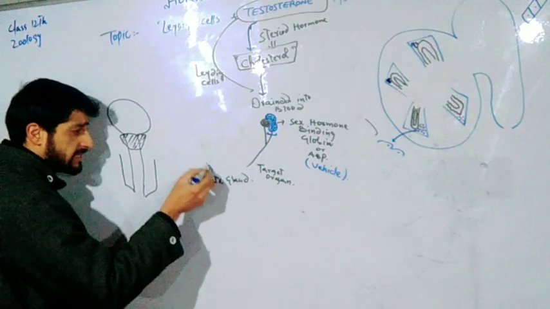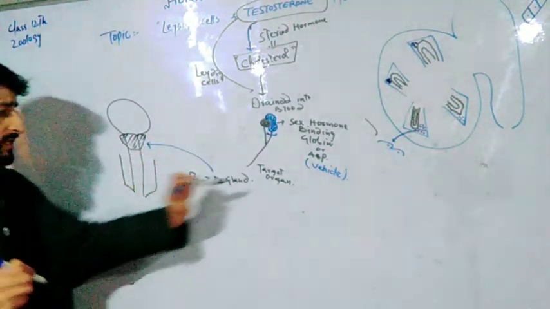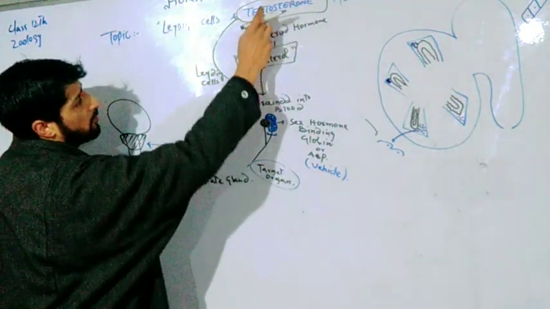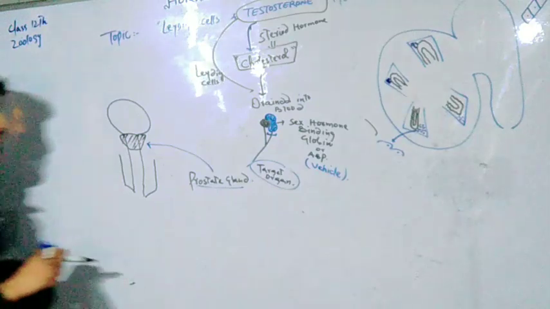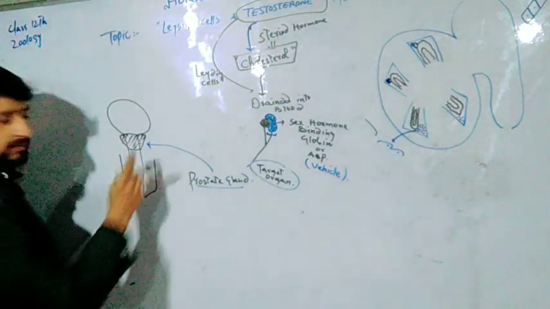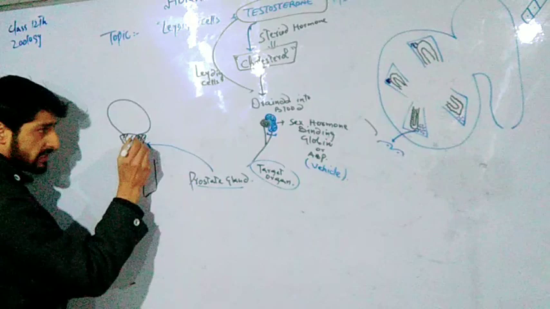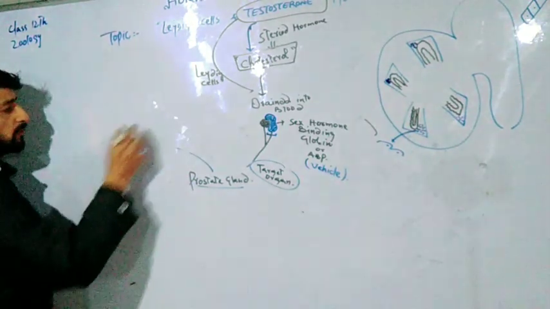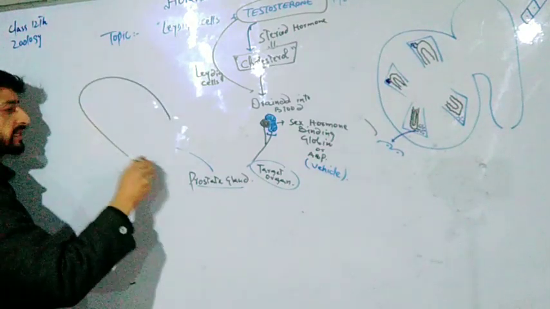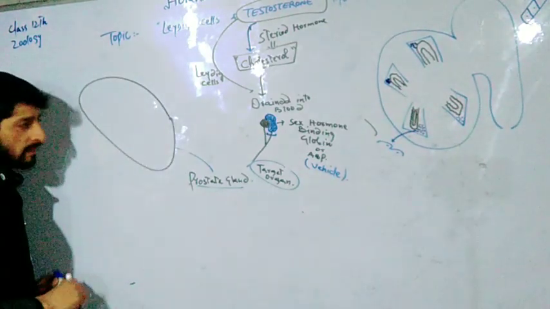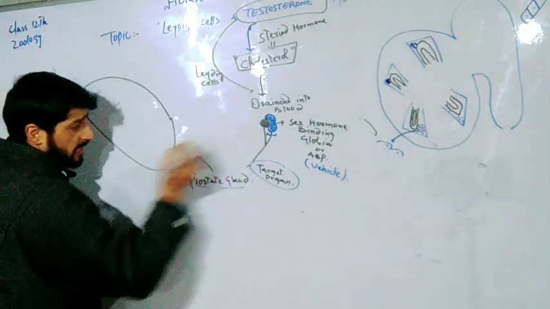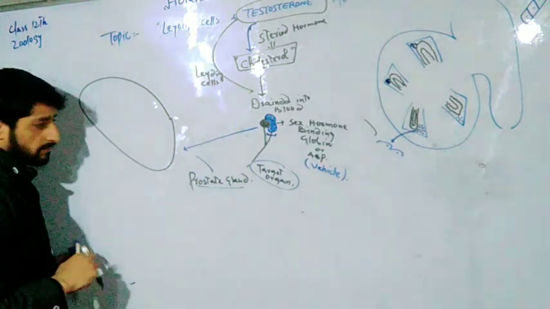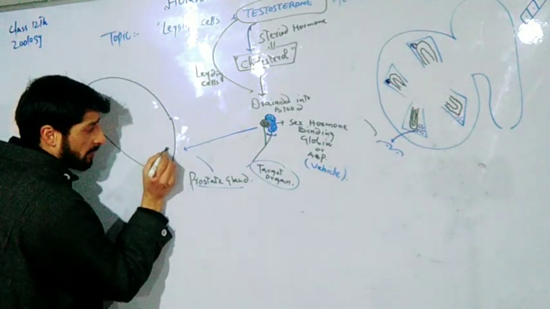So let us suppose the target organ for the testosterone hormone is the prostate gland. Let me remove one cell from this prostate gland. This testosterone hormone has the property that it can cross the cell membrane.